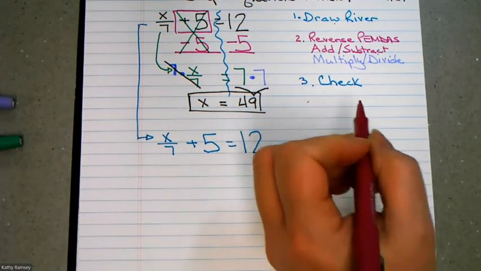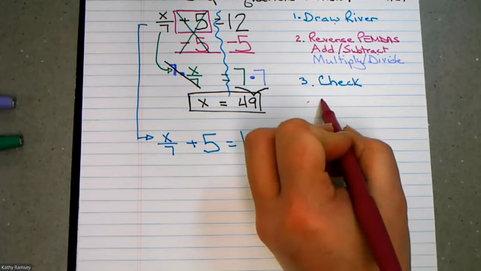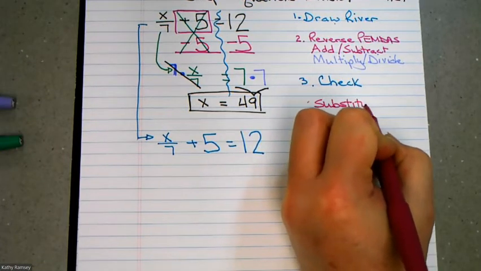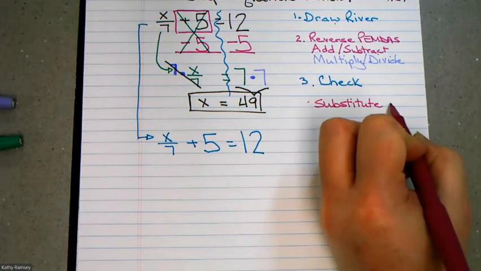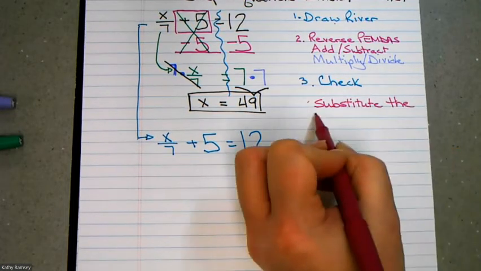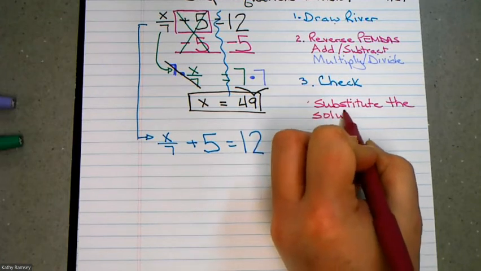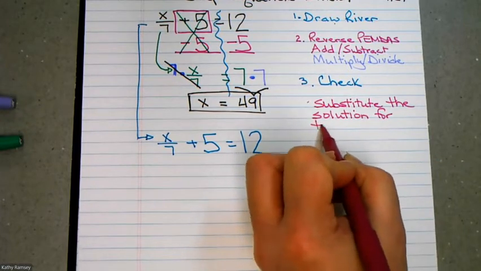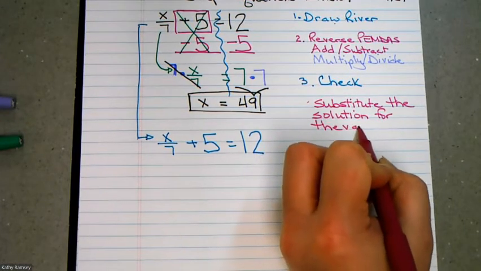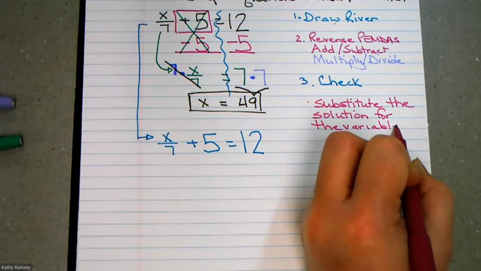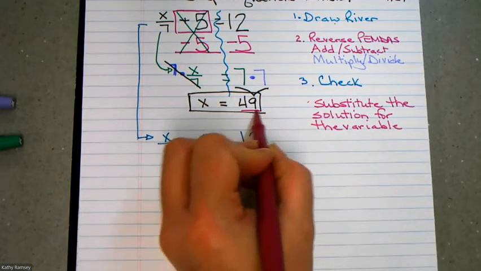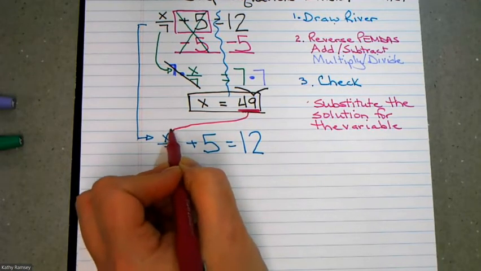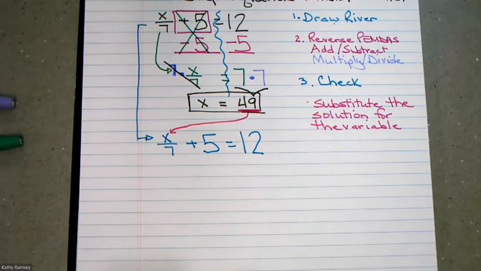Part of our check, we're going to substitute the solution for the variable. And what I mean by that is we're going to take our 49 and we're going to put it where x is. Okay.